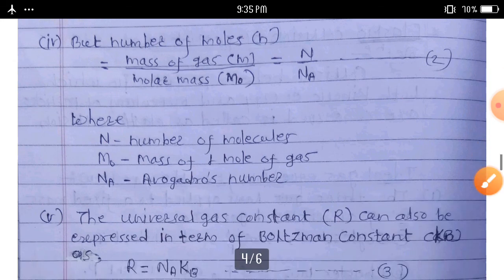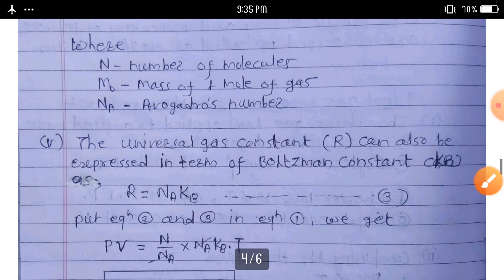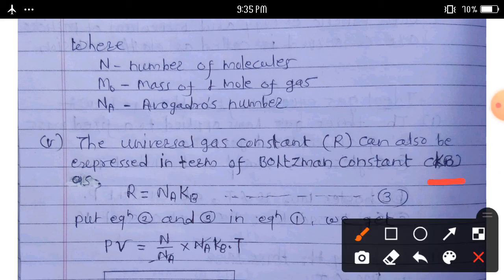Then the universal gas constant capital R can be expressed in terms of Boltzmann constant k suffix B: R = N suffix A × k suffix B.